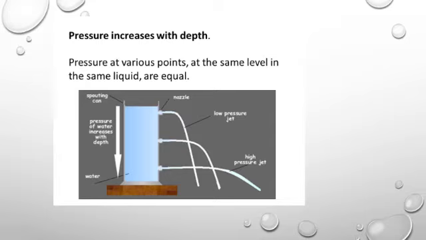Now when we remove the tape from the holes, what will we observe? Streams of water are coming out of these holes. We observe that the stream from the lower hole travels a larger distance. What does it show? The emergent water goes out further from the lower holes.